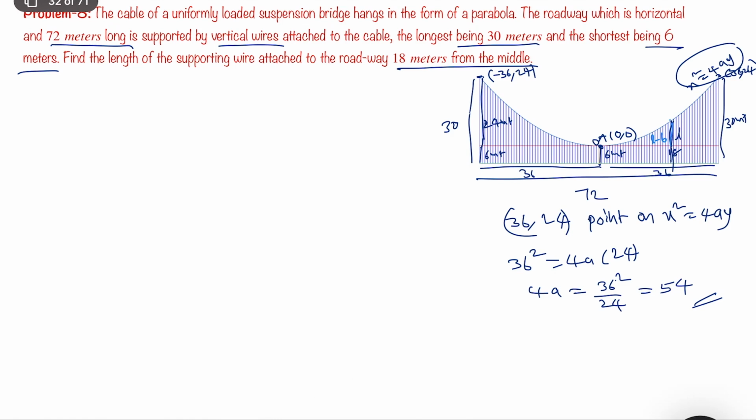So this point is going to be 18 comma L minus 6, which is a point on the parabola again. So this 18 comma L minus 6 is a point on the parabola x square equal to 54y.